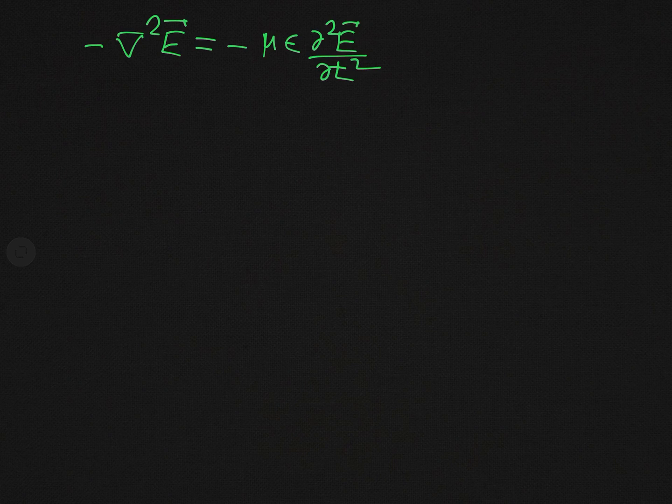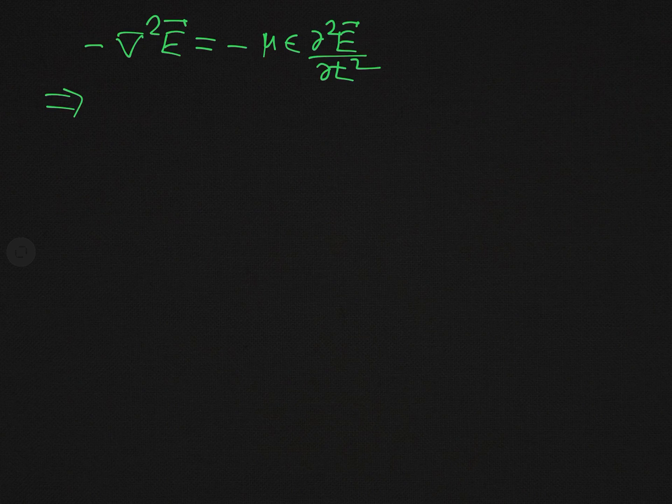So our result will be actually equal to minus del square E equal to minus mu into epsilon del 2E by del T square.